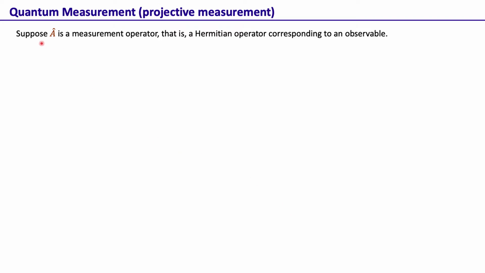So let's say A is a measurement operator, a Hermitian operator corresponding to an observable. So we have A as a Hermitian operator, and of course it corresponds to a dynamical observable.